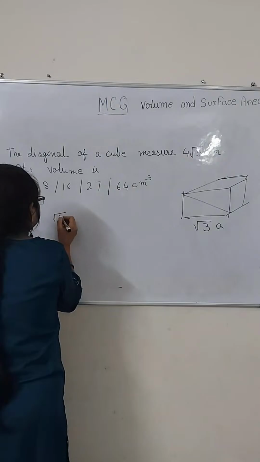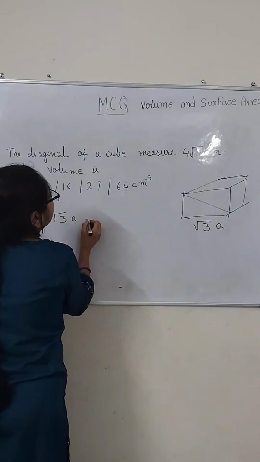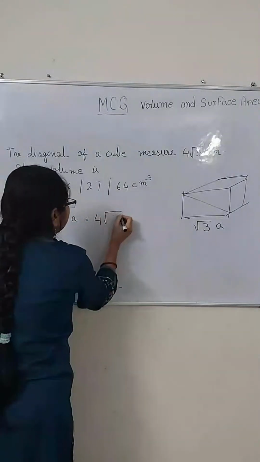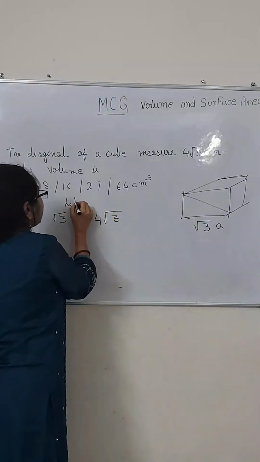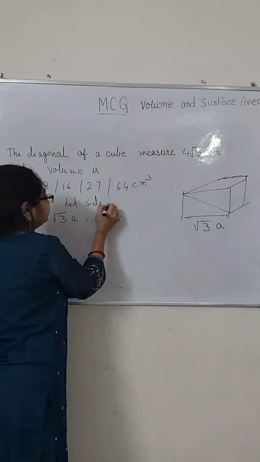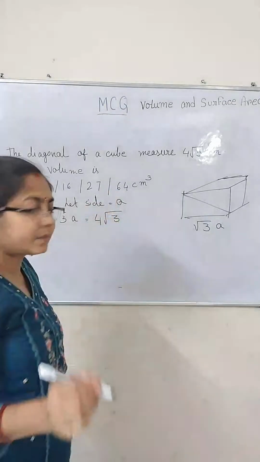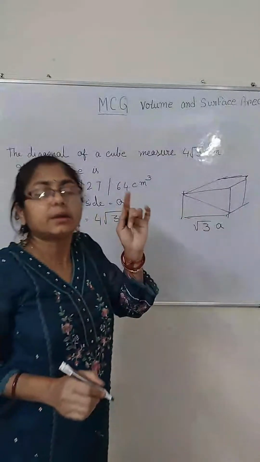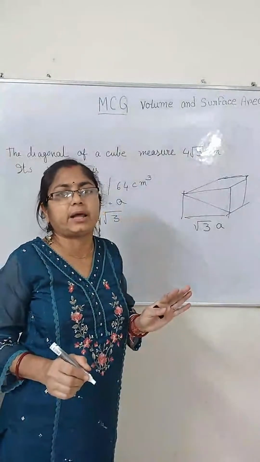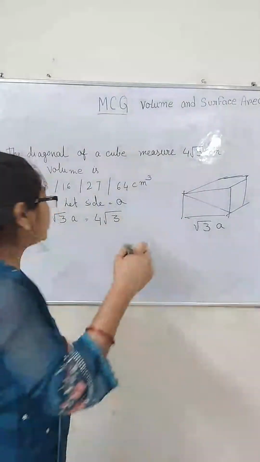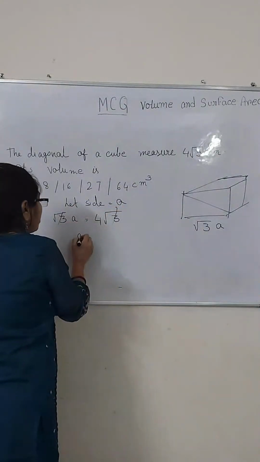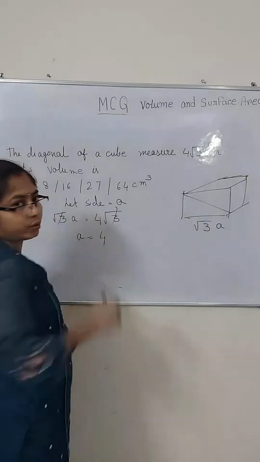So root 3a equal to 4√3. Here is the left side a. Clear? Now I find the value of a, means the side. Here root 3, here root 3, you cancel both root 3. So a is equal to 4.